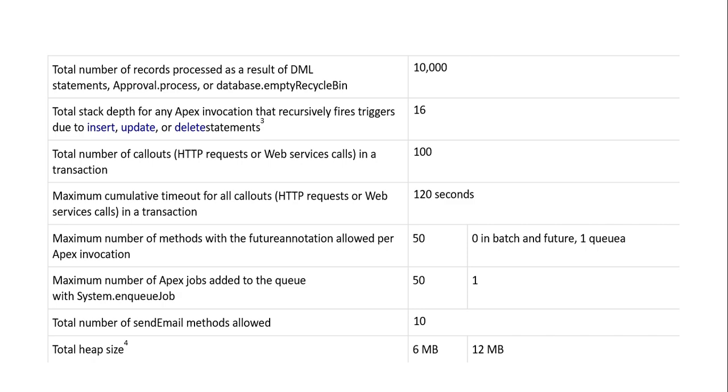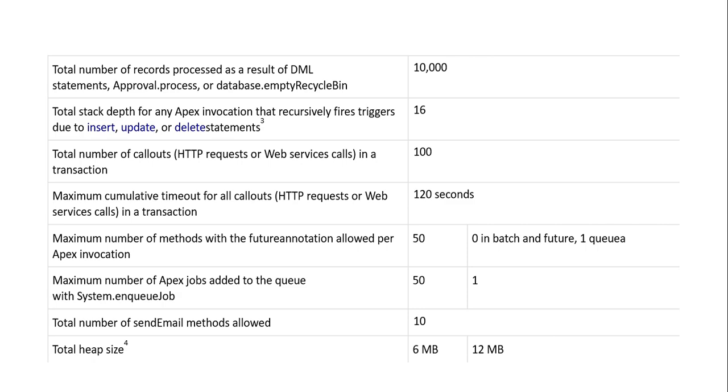The total stack depth for any Apex invocation that recursively fires triggers due to insert, update or delete statements is 16. The total number of callouts, HTTP requests or web service calls in an Apex transaction is 100. The maximum timeout for all callouts in a transaction is 120 seconds.